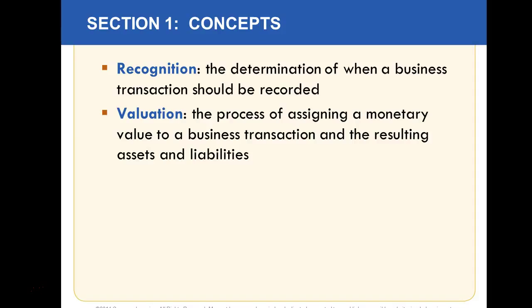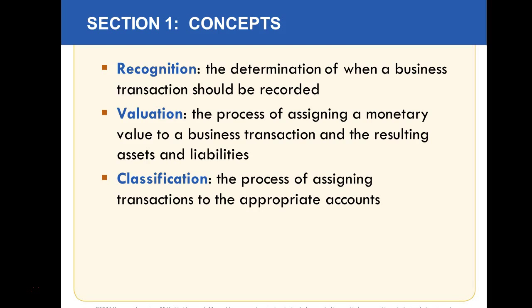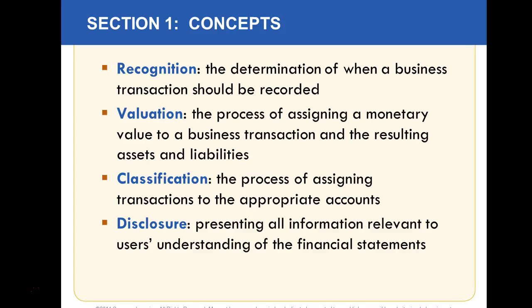Valuation is how much do we record monetarily to a transaction. Classification is where do we record it, what account. And disclosure relates to what needs to be stated in the financial statements to help understand or describe our financial statements.